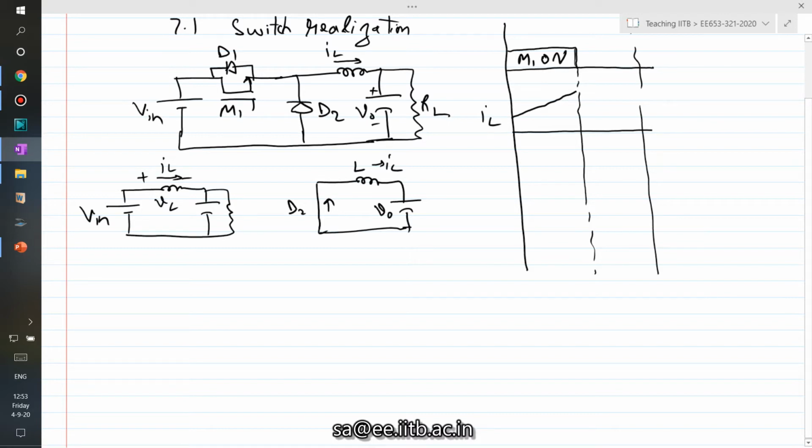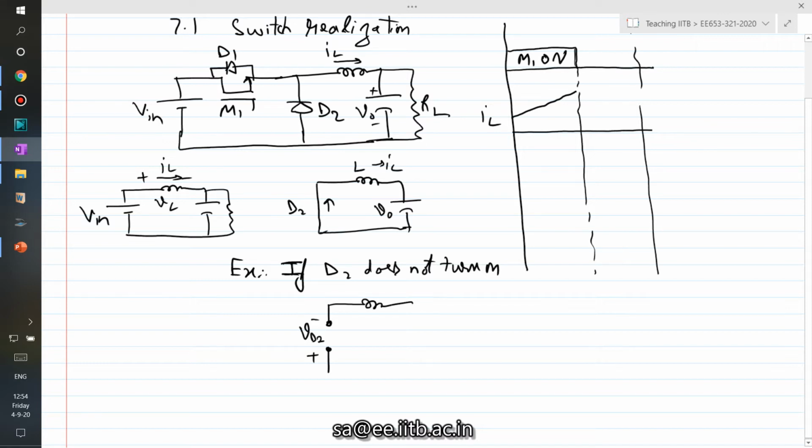For example, let's prove it by contradiction. Hypothetically, if D2 does not turn on, then what will happen? This would be open. Let me refer to this as VD2.